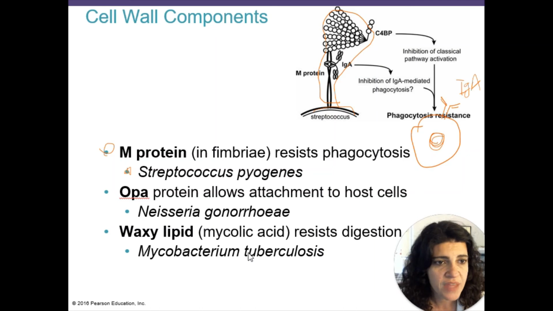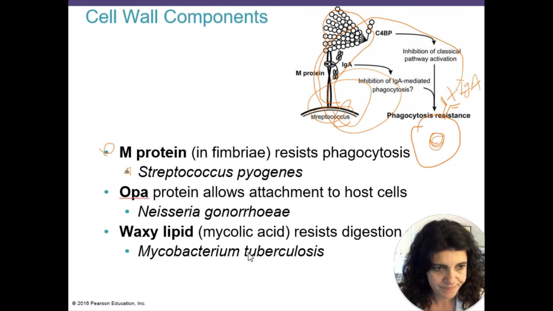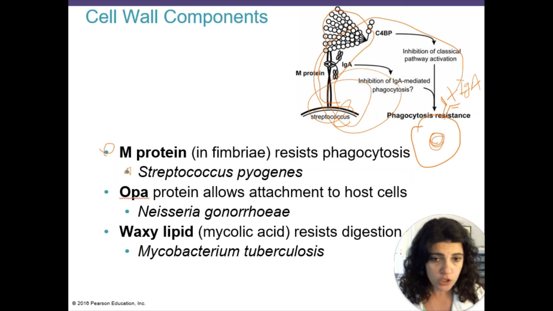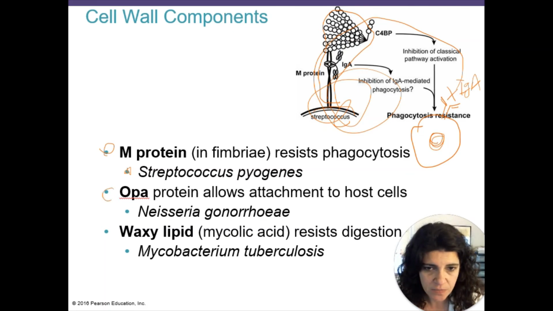And this is going to impair the ability of the phagocyte to eat this bacterium, because that IgA would be specific for the microbe, and M protein blocks that action. Opa also helps with attachment.